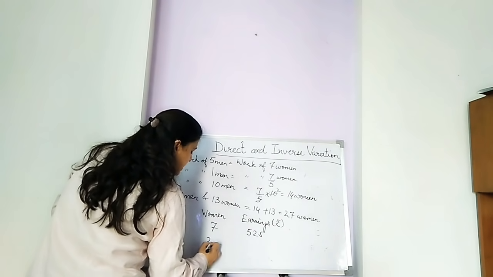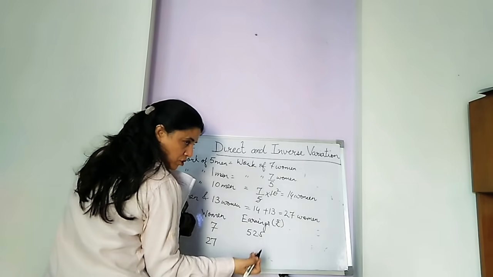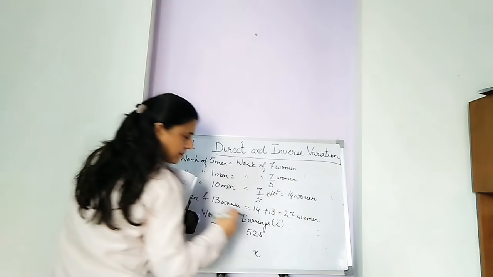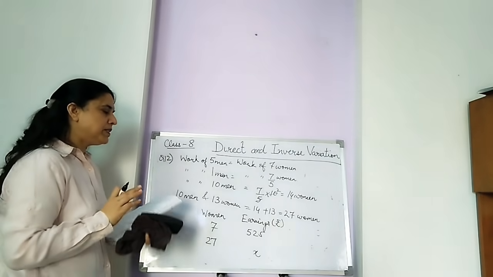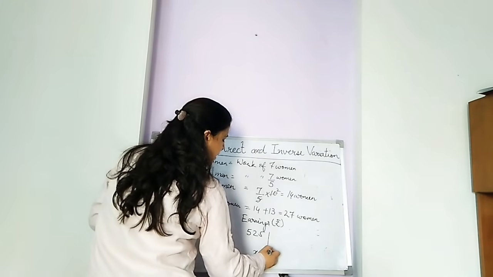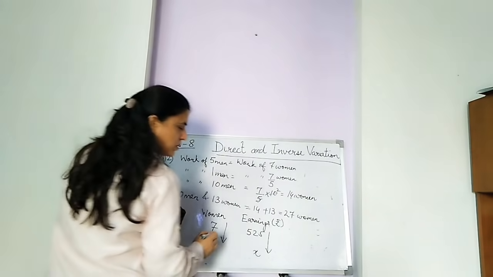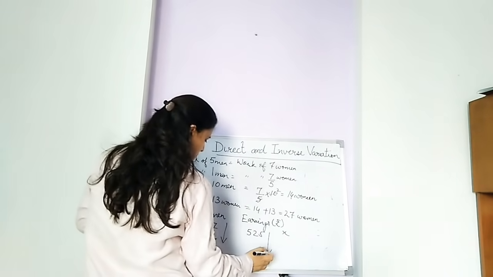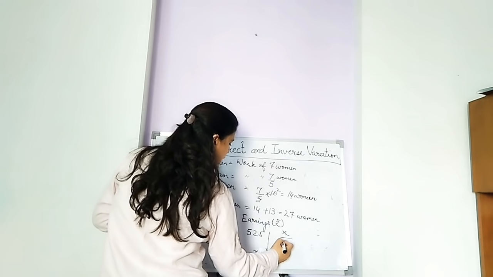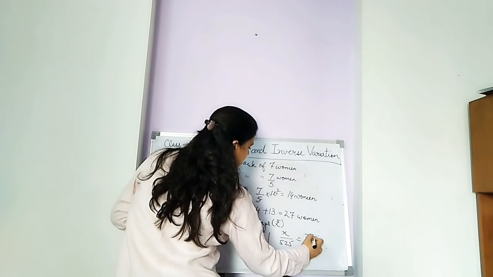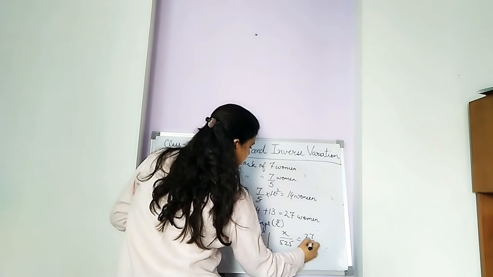So 27 women will earn how much per day? That is X. So this is direct variation. Again this arrow goes down. So X upon 525 is equal to 27 upon 7.